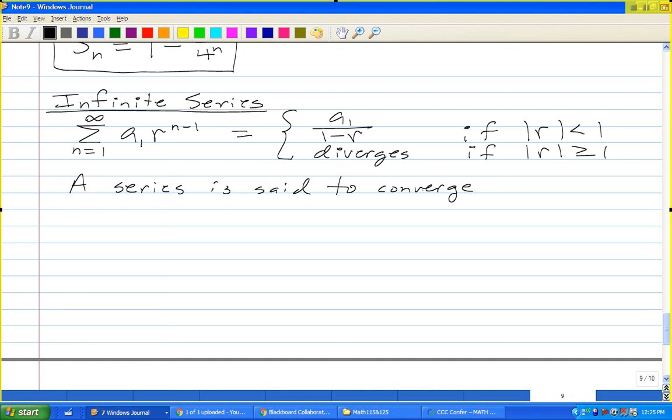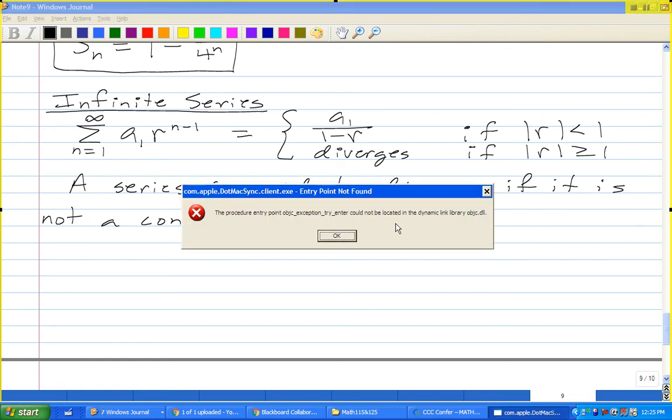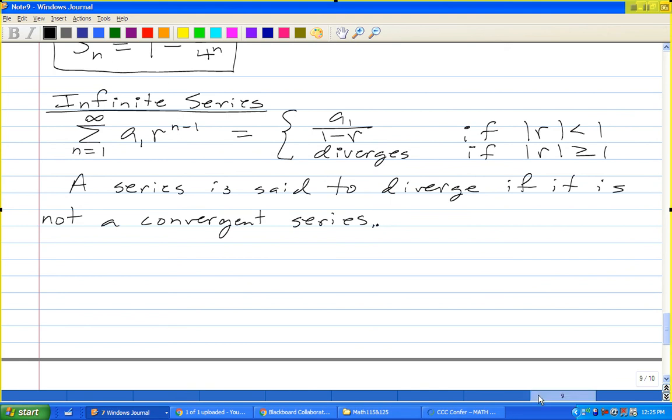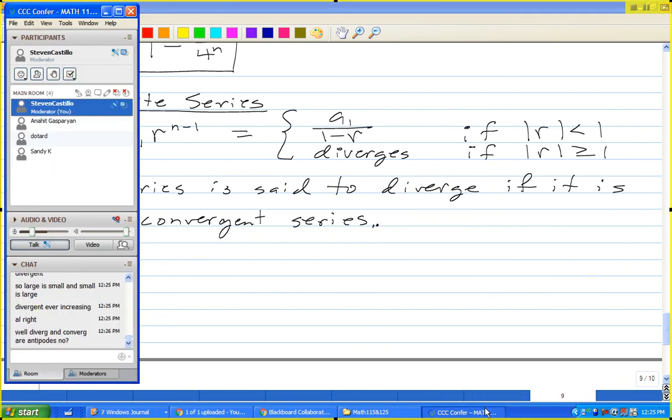A series is said to diverge if it is not a convergent series. Okay? I don't want to say too much about that because that's all I can really say at this level.